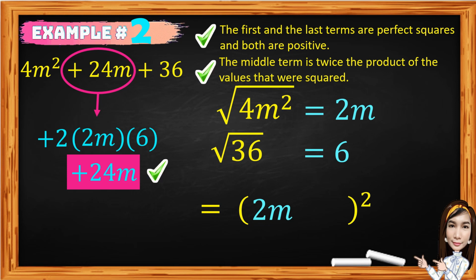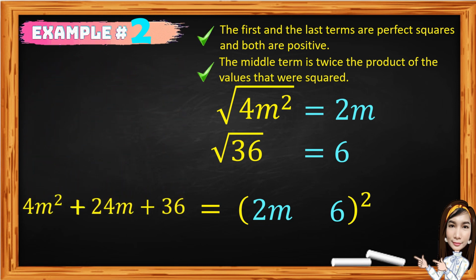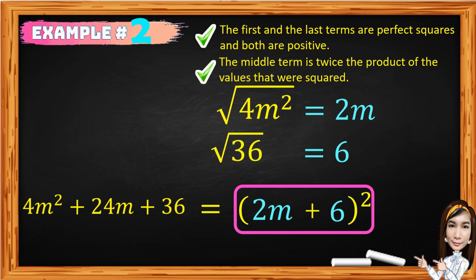So the first term is 2m and the second term is 6. So if the middle term is plus, the binomial factor is also plus. So the factored form is the quantity of 2m plus 6 squared, which is the square of binomial or SOB.